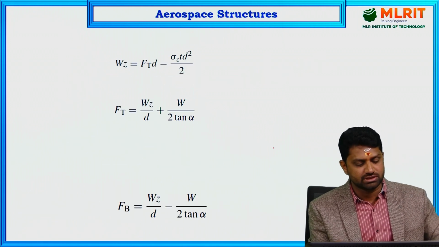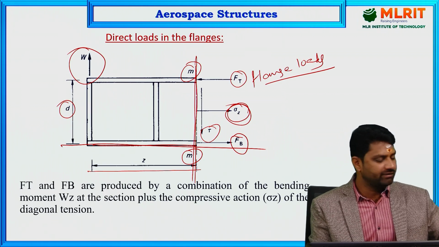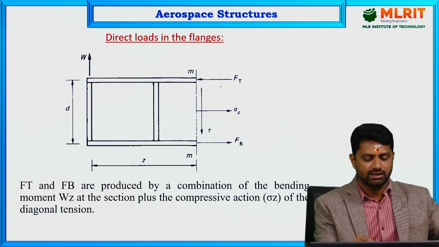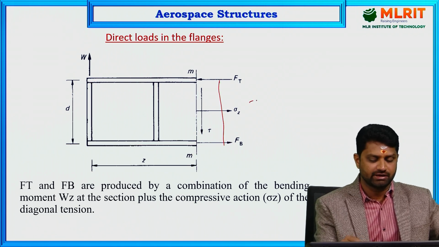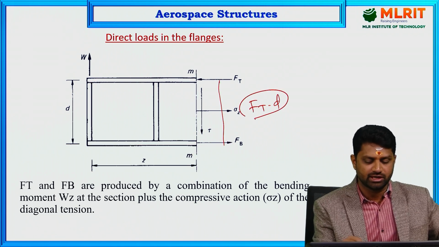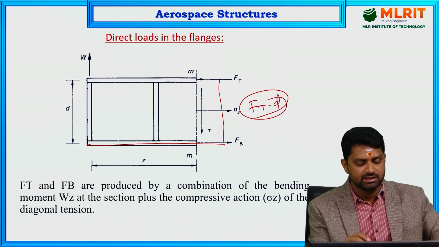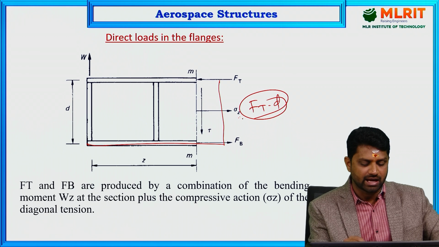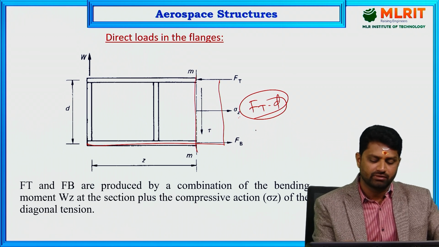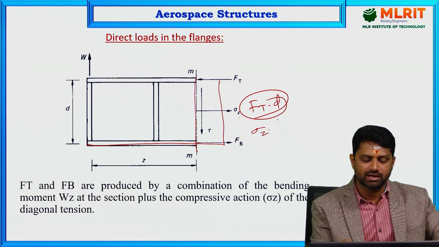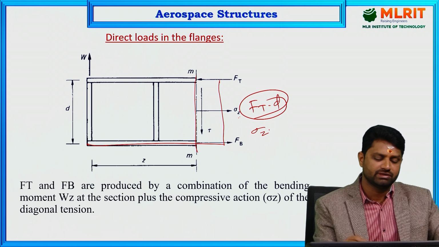Now if you take the moment about the bottom flange from this diagram, the forces that give moment are, first, Ft. Ft and the perpendicular distance is D, so Ft into D is the moment about the bottom flange. Then sigma Z acting on this plane: the stress should be multiplied with the plane on which it is acting.